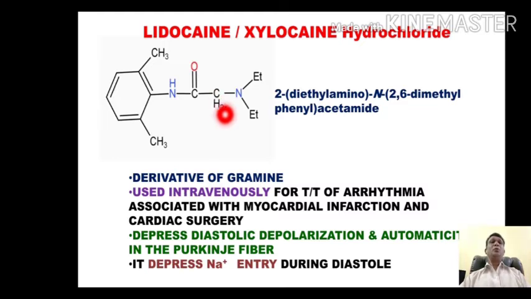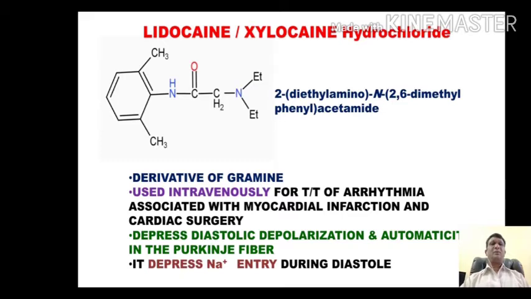So on 2 we have a diethyl amino group, and on this nitrogen we have this 2,6 dimethyl phenyl group as a substituent. So the systematic IUPAC name is 2-diethylamino-N-(2,6-dimethylphenyl)acetamide.